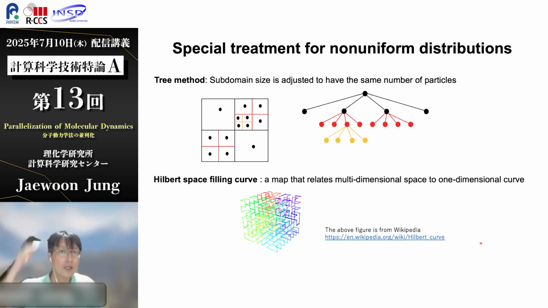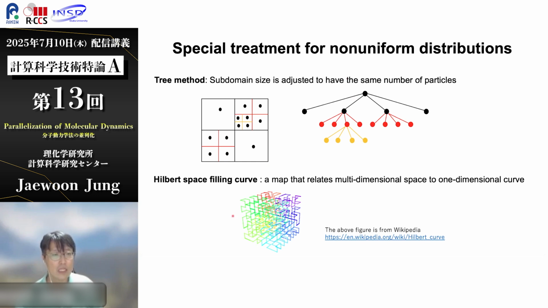Okay, so in the case of non-uniform distribution, in fact, people are considering several different approaches. One is the tree method, where subdomain size is adjusted to have the same number of particles. Regarding this one, I'll explain later using our new CG coarse-grained MD simulation.